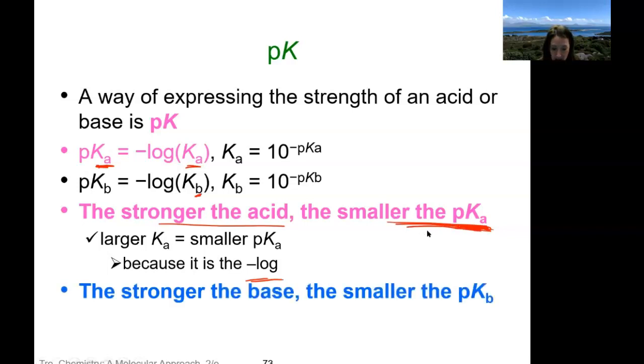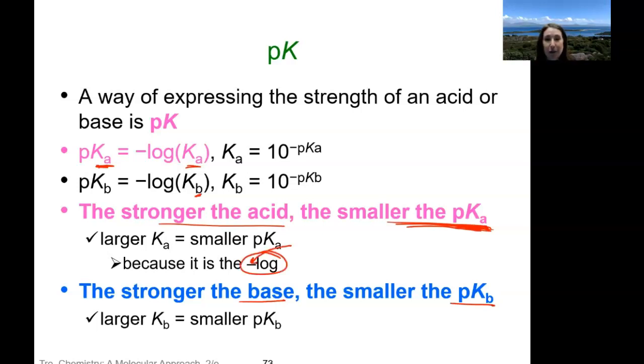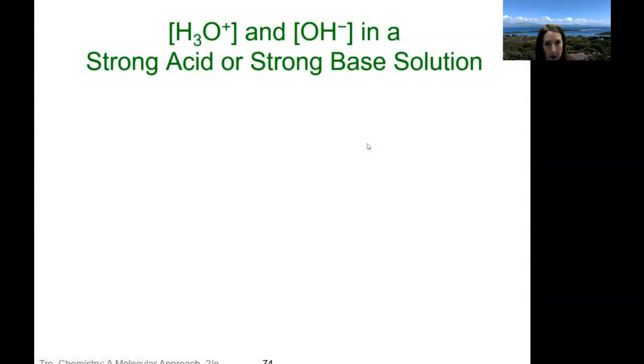Same thing with bases. Again, it's because of the negative log. You're welcome to put Ka's into your calculator to prove this, but the stronger the base is, the smaller the pKb is. So remember that. It's kind of the opposite in your brain, because it's that negative in the log that flips it. And we're going to be using pK's a lot. But remember, p is the negative log of whatever is after it.